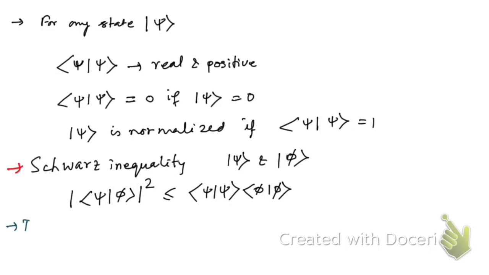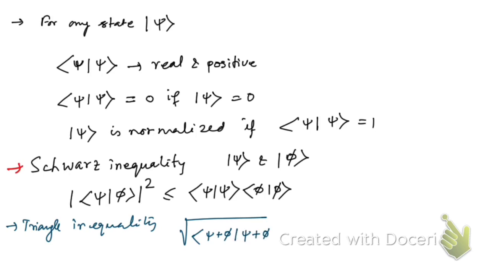That is nothing but the square root of the scalar product of the sum of psi and phi with again psi and phi, which is also less than or equal to this, plus the square root of phi and phi.